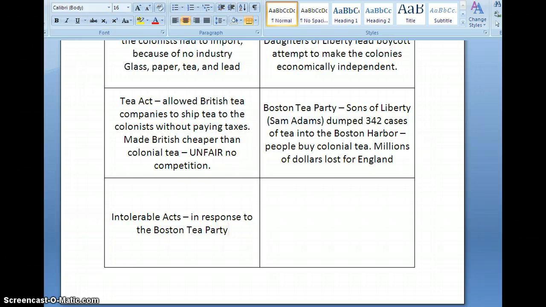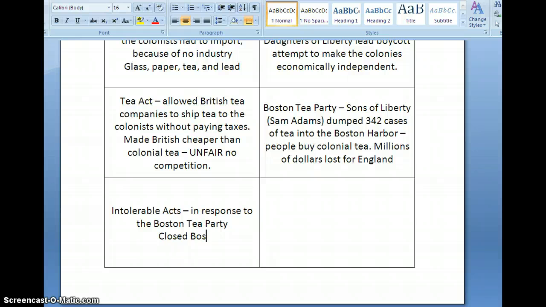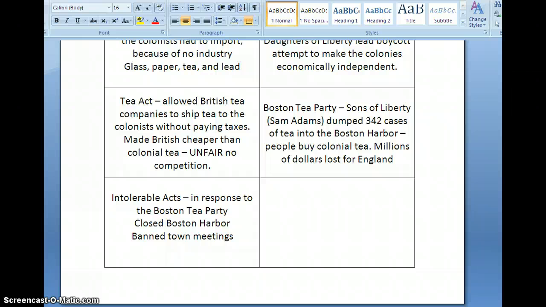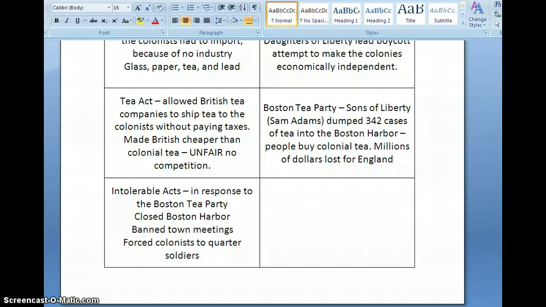And what the king did, remember, is he closed the Boston Harbor. Said nobody can come in, nobody can come out. He also banned town meetings. And he forced colonists to quarter soldiers, to house his soldiers.